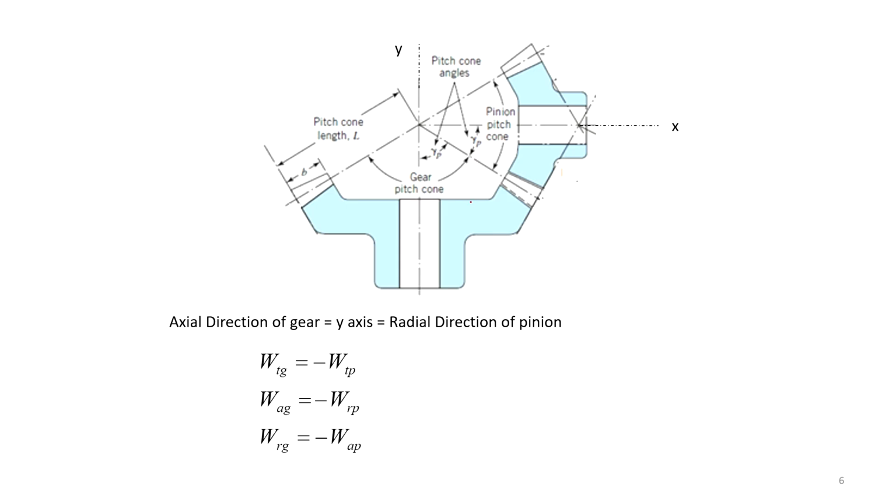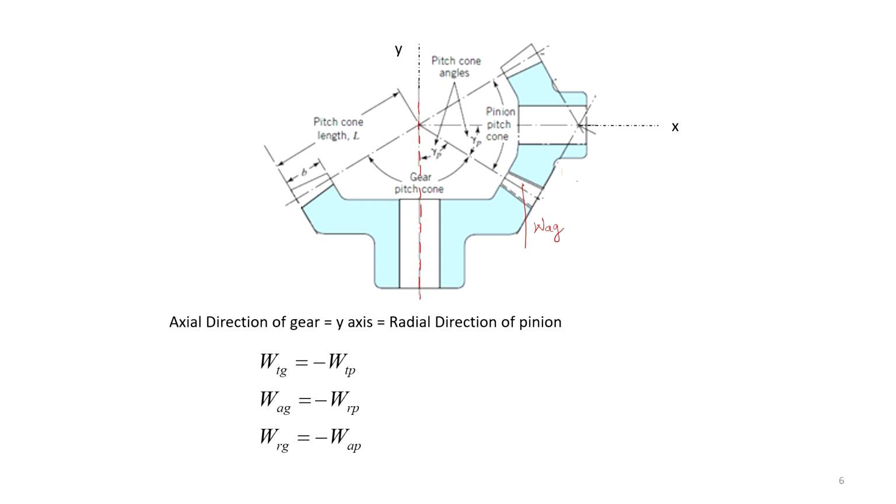The axial force on the gear will act along its axis of rotation. This is the axis of rotation, and so the axial force will act along this. This is the direction of WAG, and its arrow will be decided by the direction of the radial load on the pinion.